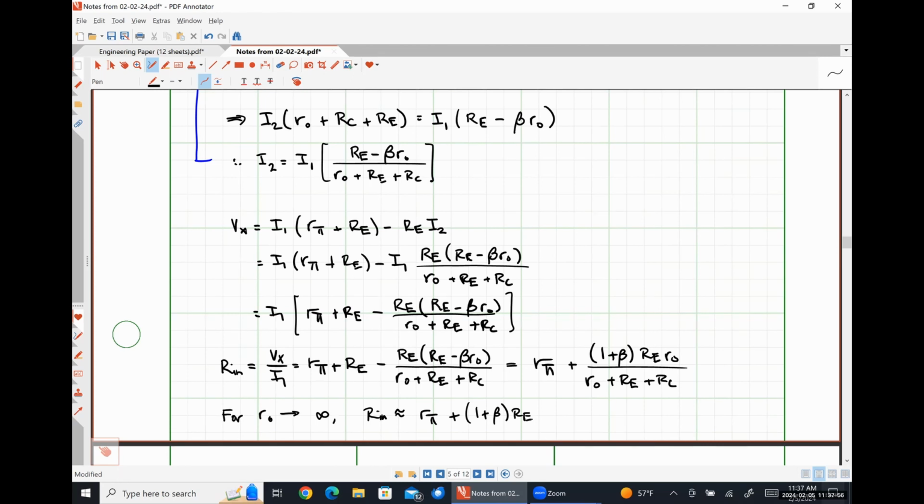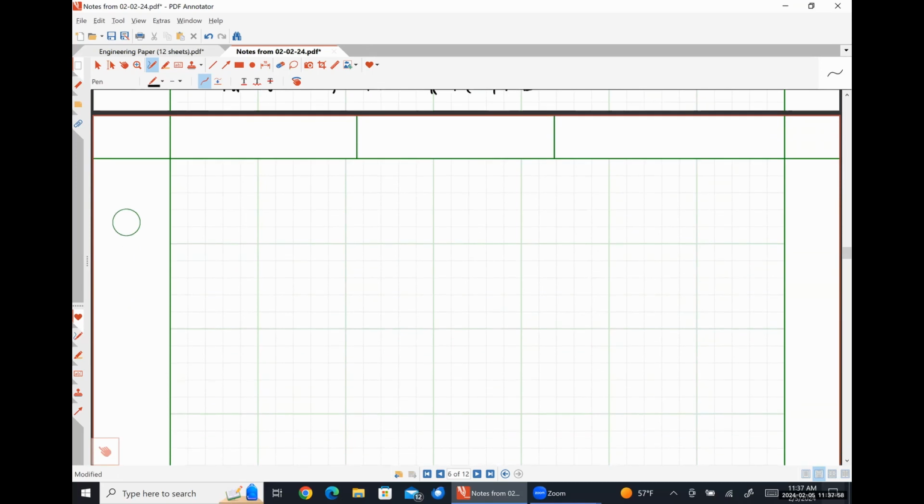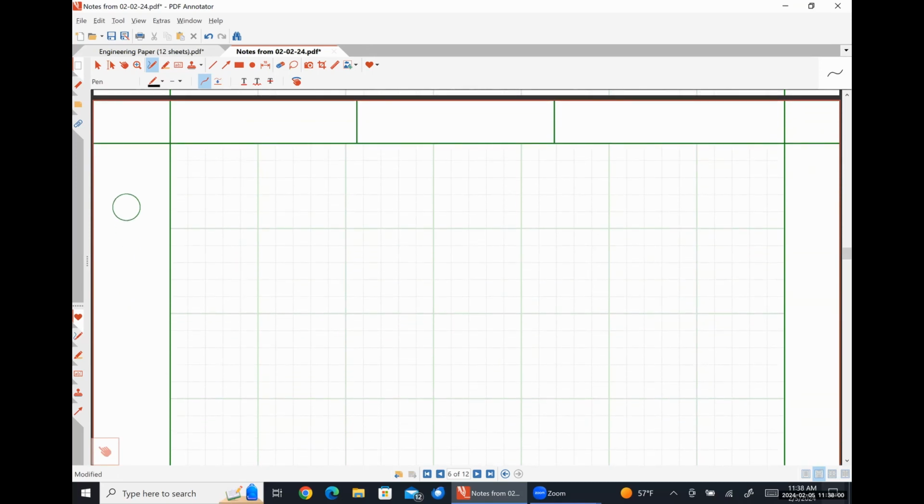Okay. Now let's determine our output resistance. So I'm going to draw my small signal model. I'm grounding or turning off my input voltage, which is why my base terminal is going to be directly at ground.